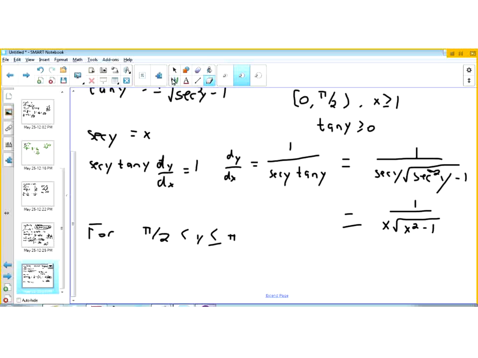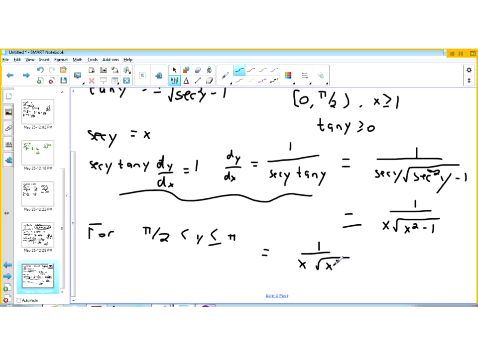So that means the derivative will become, when we do these calculations again, 1 over x, we'll still have the same output, times the square root of x squared minus 1. But even though the product of these two factors will be negative, the product of two negative numbers is positive, so we'll still have an output that's greater than 0.